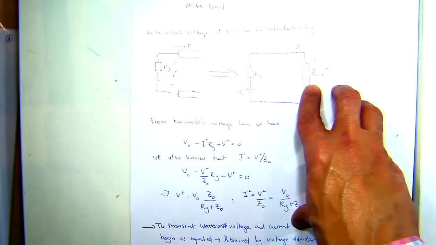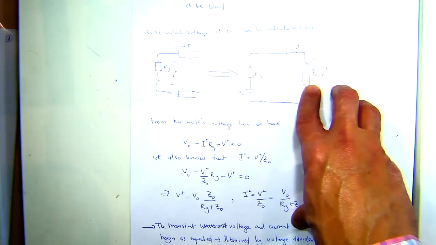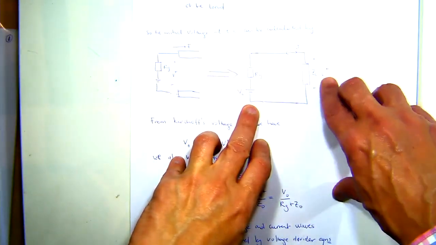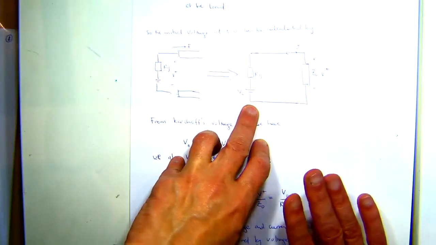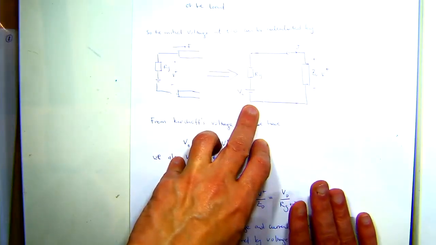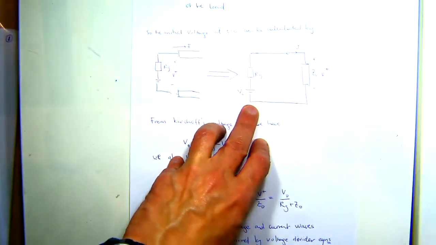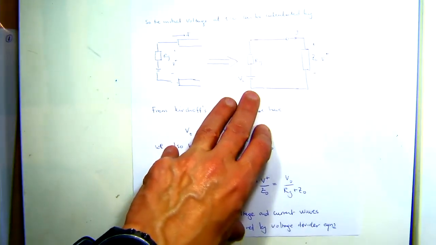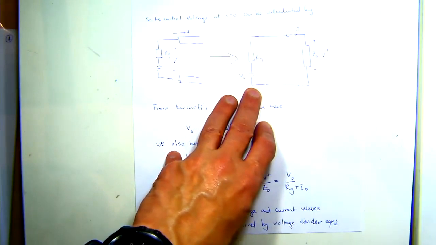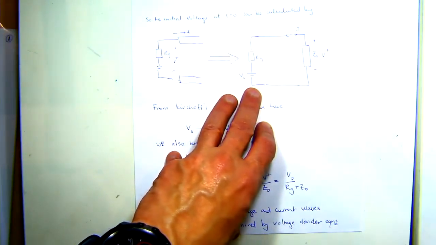And that's distinct to your first year steady state analysis where you did your DC and you said, well, what I'm going to do is work out RG, work out what the load is, and that's how I'm going to work out the current and the voltage across that load. Here, what we're saying is the signal travels with a finite speed, which is the speed of light divided by the phase velocity in that actual medium.